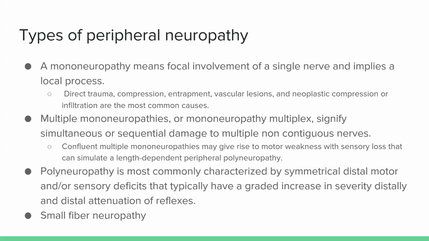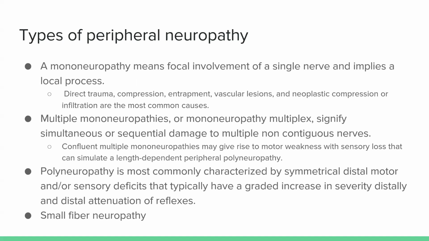So the types of peripheral neuropathies, the first is mononeuropathy. That means it affects a single nerve. Usually it's a focal process, like a direct trauma, compression, entrapment, etc. Multiple mononeuropathies is when there are focal neuropathies which occur in non-contiguous areas.